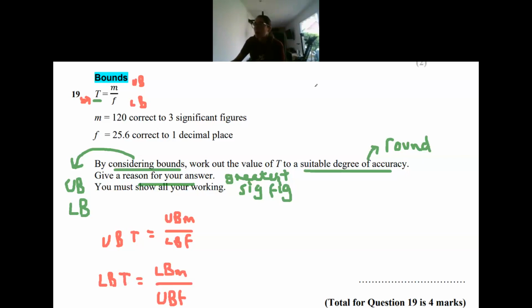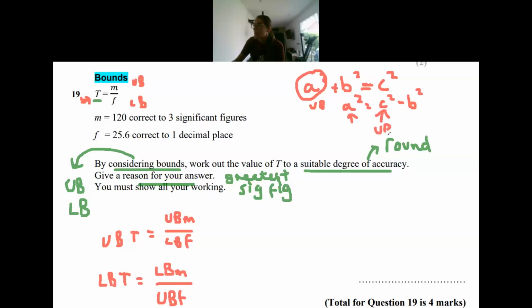So also be careful, I looked at a question yesterday where we dealt with Pythagoras and we were doing bounds with Pythagoras. Now we were trying to find a squared and we wanted the upper bound of a. So because a squared gives me c squared minus b squared, and I want this to be the biggest value possible, I do the largest value of c, and then I subtract the lowest possible value for b, the lower bound of b.